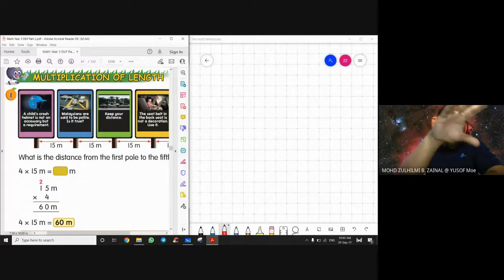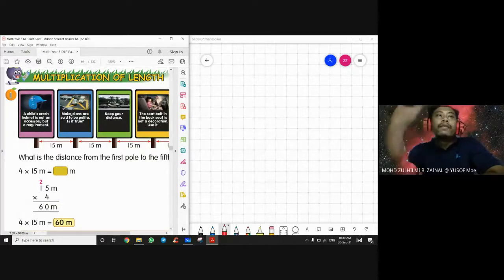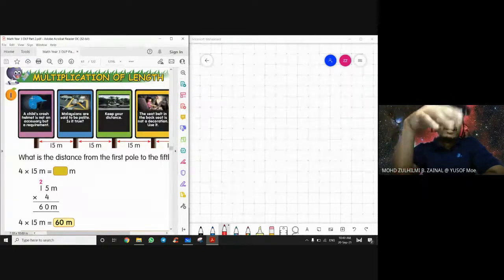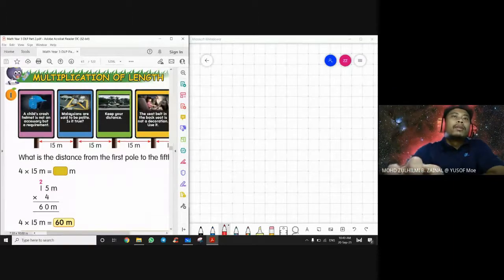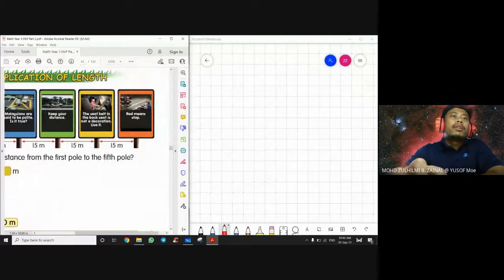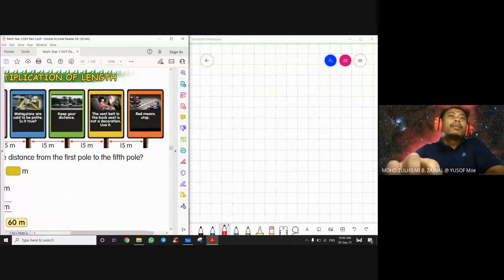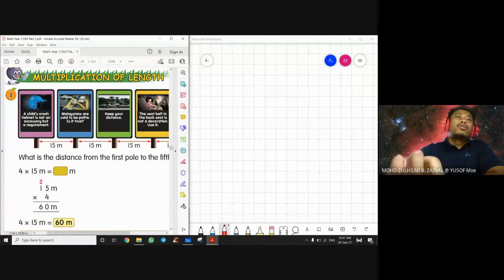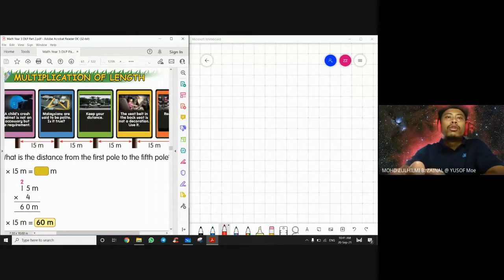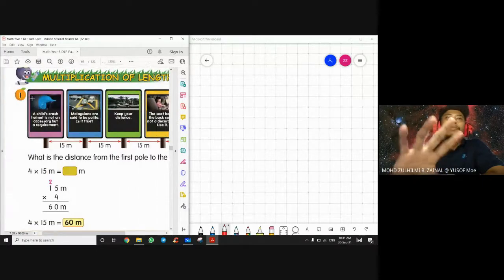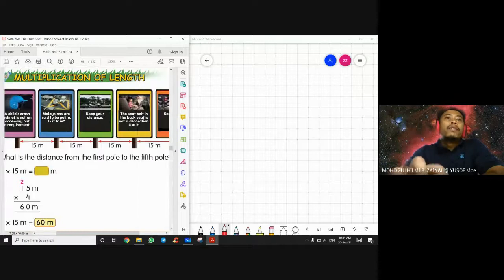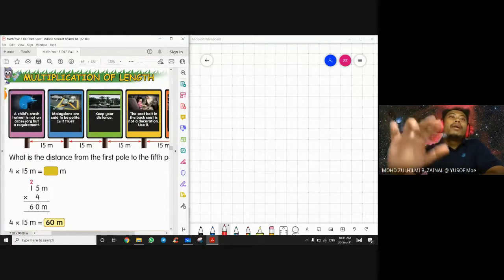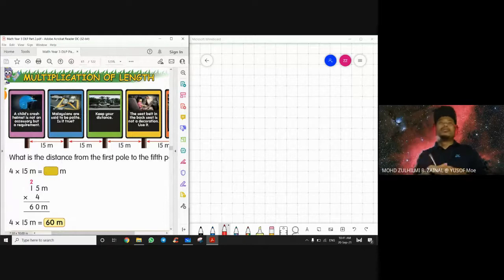Another 15 meter, then you can see Malaysians are said to be polite. Is it true? You can see a new signboard every 15 meters. So what is the distance from the first pole to the fifth pole?